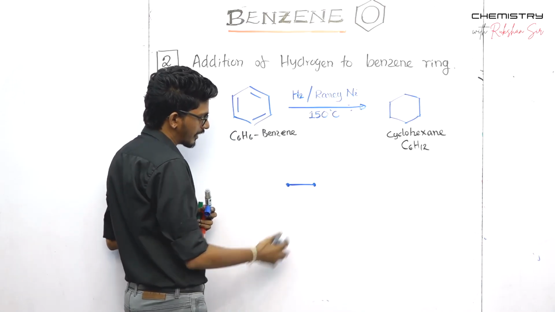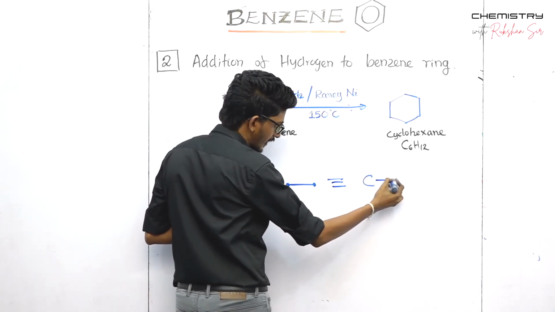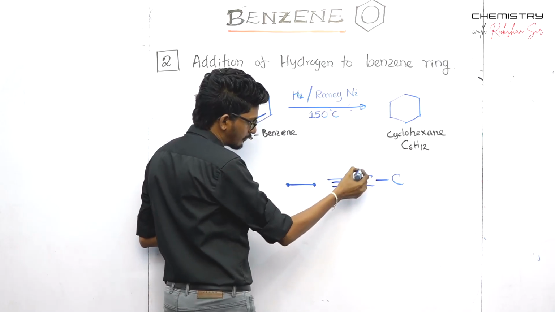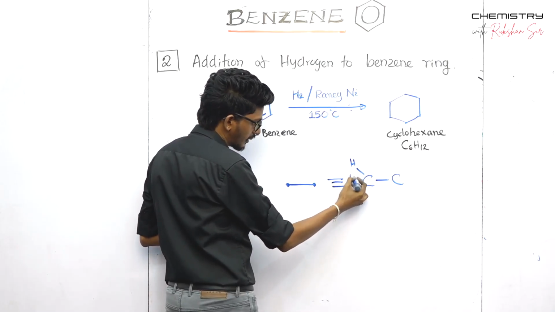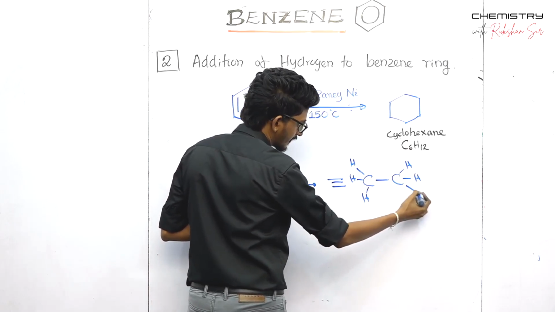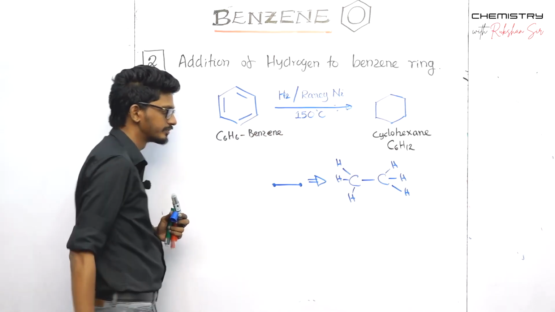So this means 2 carbons are there, and to complete the 4 bonds, the hydrogens are also there. So this one line actually represents this molecule.